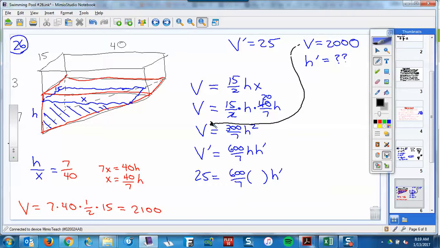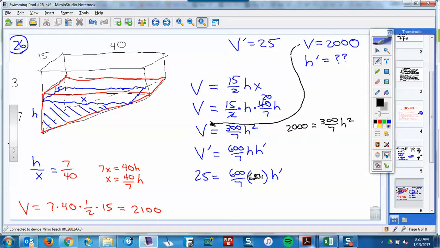Right? When there's 2,000 cubic feet here, we should know that high. So let's solve that. So 2,000 equals 300/7 H squared. Solve that. H is about 6.831.